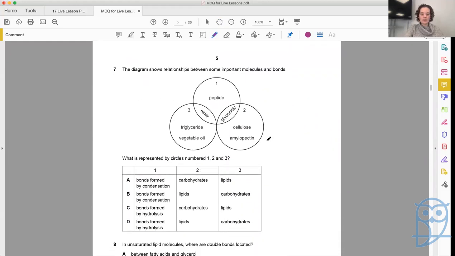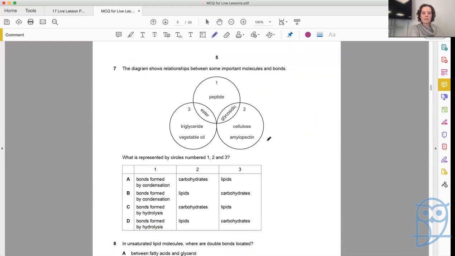Question 7. Now we're talking about molecules again. The diagram shows relationships between some important molecules and bonds. Okay, that makes sense. So 1, 2, and 3, we have 3 circles. We have peptide, ester, and glycosidic. We've got cellulose and amylopectin. We've got triglycerides and vegetable oil.